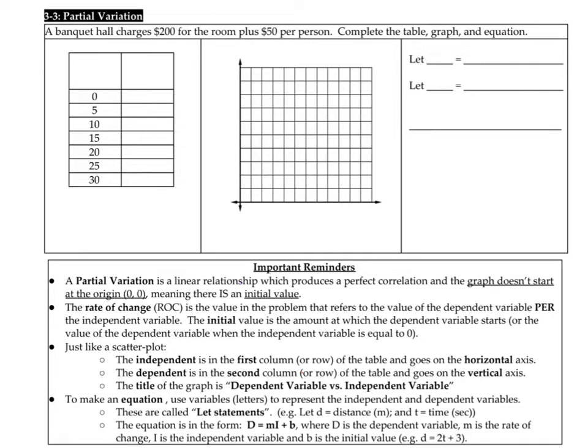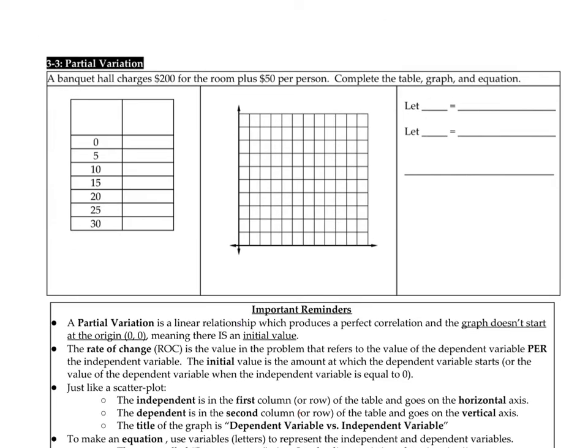And we first have to figure out which one is the dependent variable and which one is the independent variable. So again, the first thing you need to figure out is what the rate of change is. So rate of change is where you see the word per. And it may not be the word per, it might be for each or something like that.